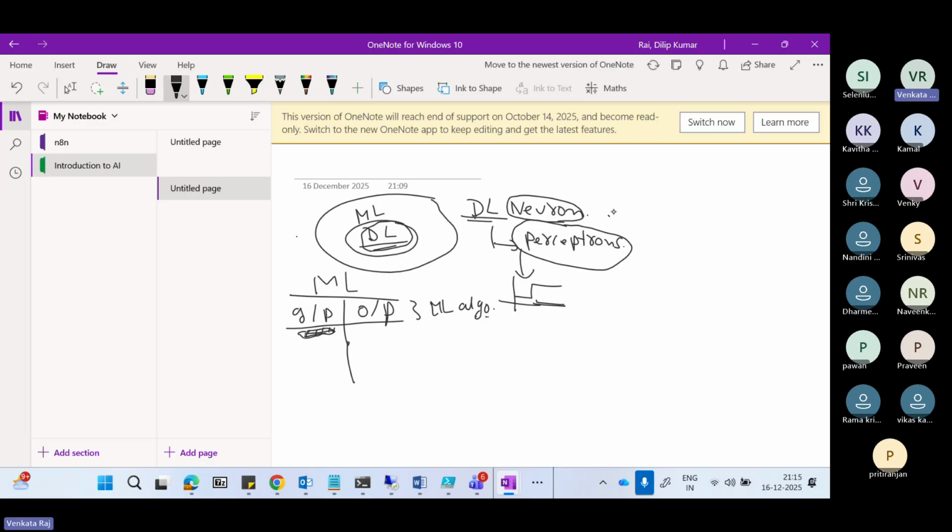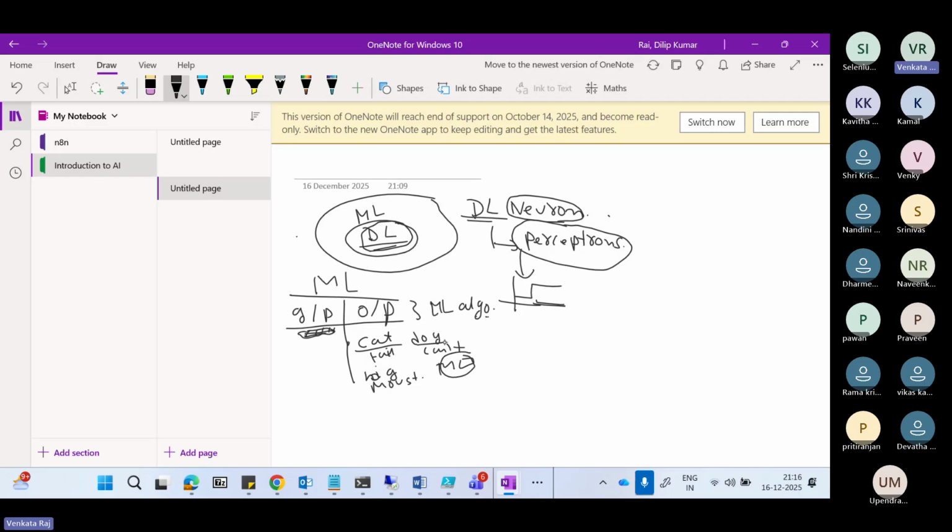We'll give different features to the machine learning algorithm. Like for a cat, the tail can be straight; for a dog, the tail can't be straight, it will always be bent. Then a cat has a big mustache, and a height weight ratio, something like that.